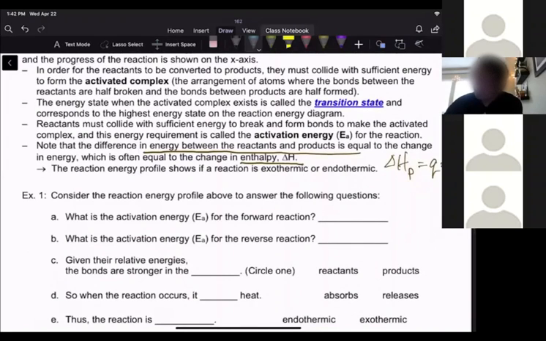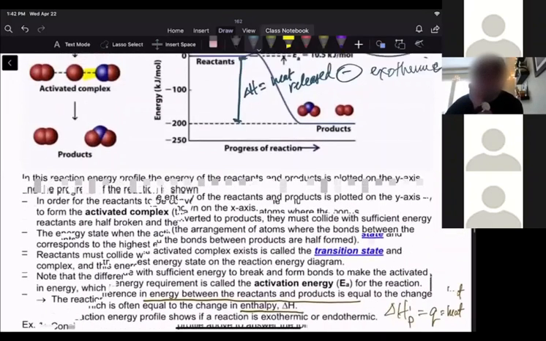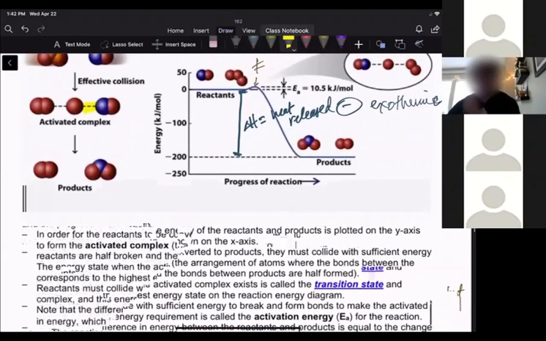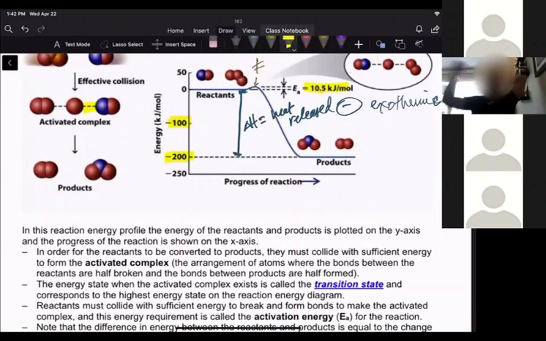Oh, and we have values given on this energy scale. Right, here's one value. So we can look at these different values here. I'm going to draw one in. That energy barrier.